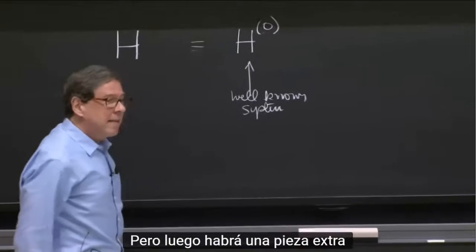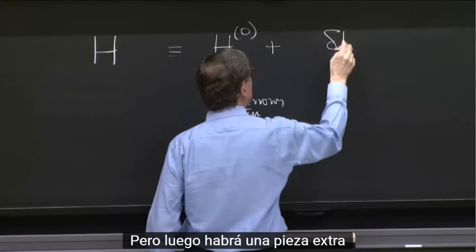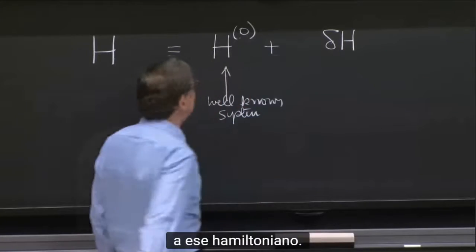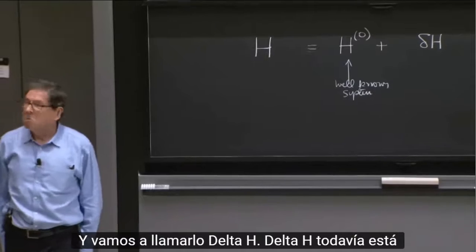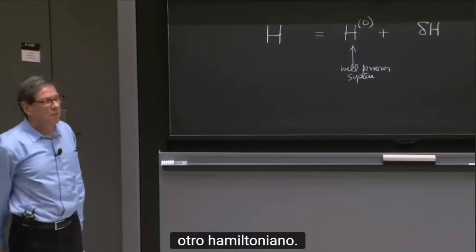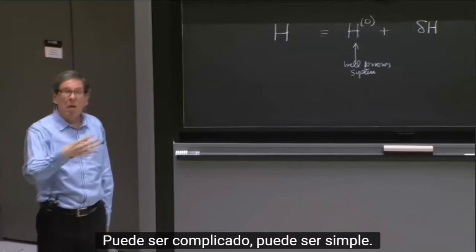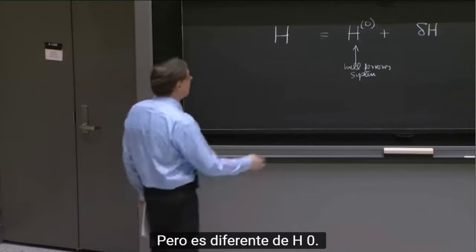But then there's going to be an extra piece to that Hamiltonian, and we're going to call it delta H. Delta H is yet another Hamiltonian. It may be complicated, may be simple, but it's different from H0.